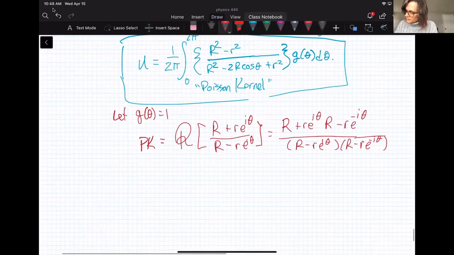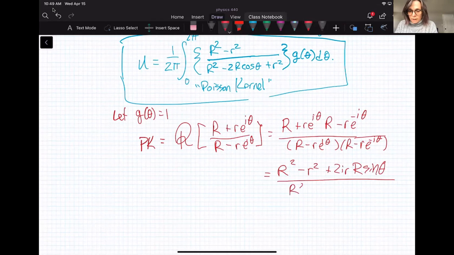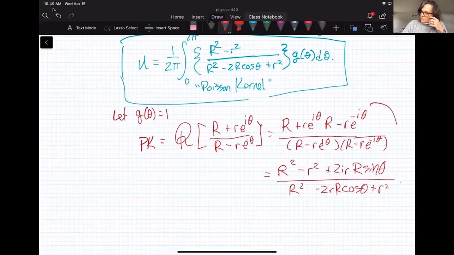And that's equal to R squared minus r squared plus 2iRr sine theta, all over R squared minus 2Rr cosine theta plus r squared. So if you take the real part, you get what that kernel represents. This derivation is just out there. The reason why we want to do this, though, is to bend our integral to our will and write it in terms of an f of z over a singularity.